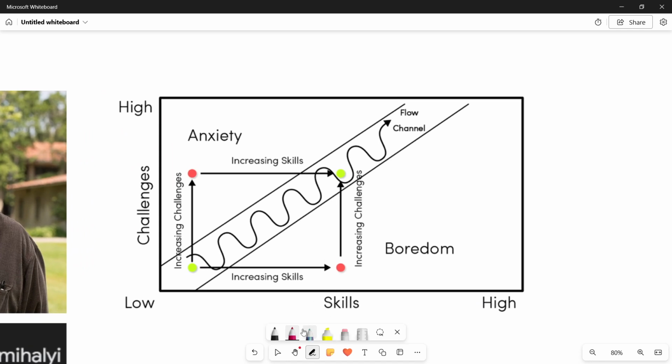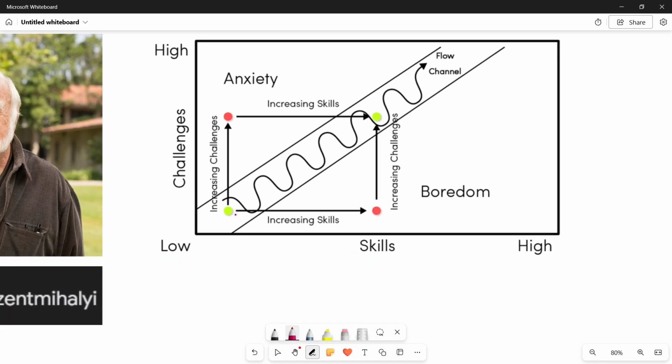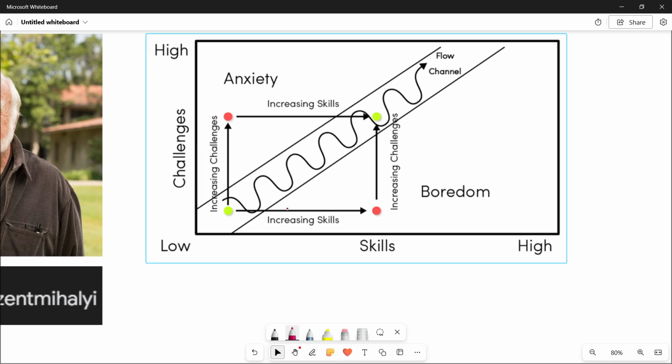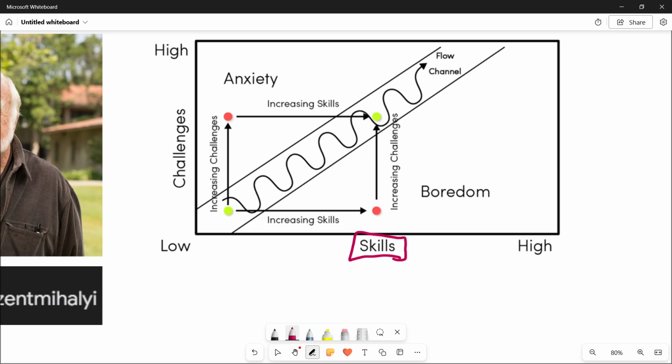So in this graph over here, what we see is that we have it as if it were a normal XY axis that we have all seen during school. In the x-axis, or the horizontal axis, we have the skills needed, and we have the challenges in the y-axis.